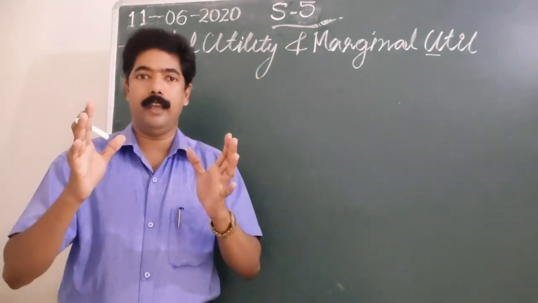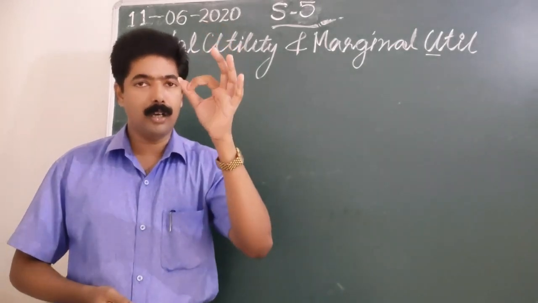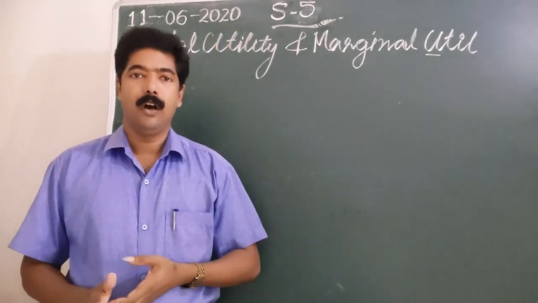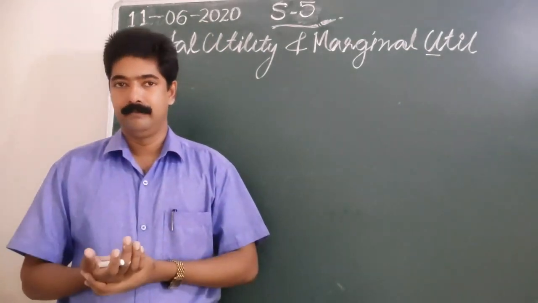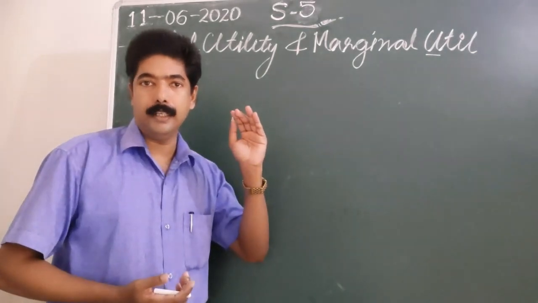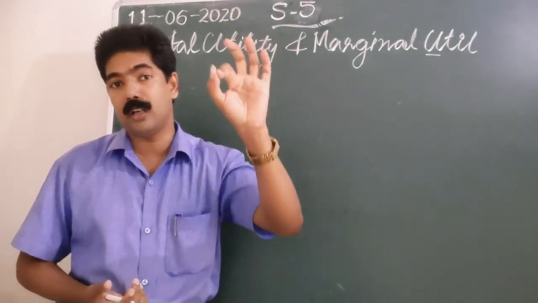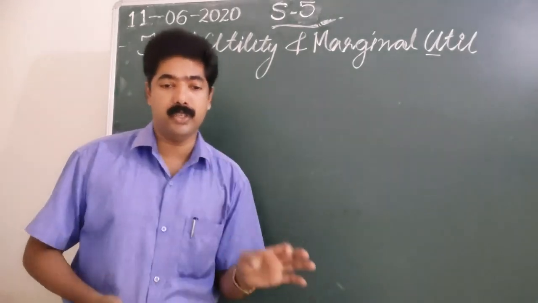In such a way, we can easily calculate the total utility, or we can calculate the marginal utility. Marginal utility is the additional utility added to the total utility when one more unit of commodity is consumed.